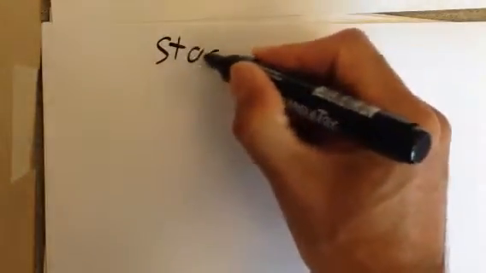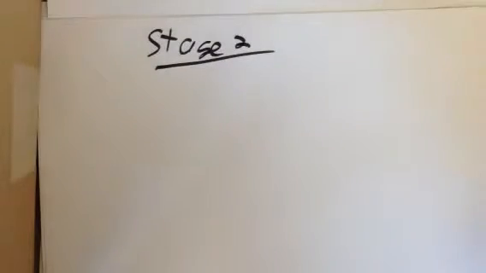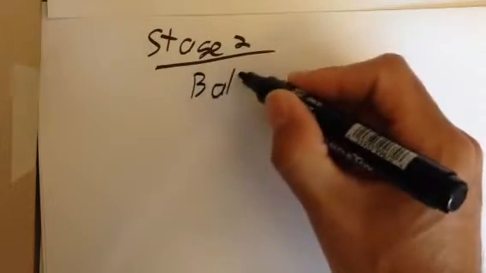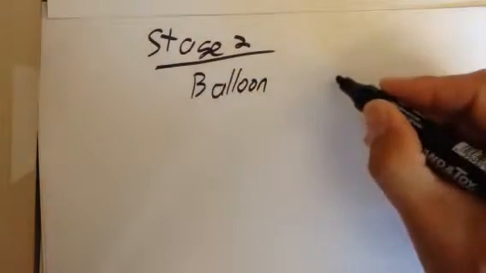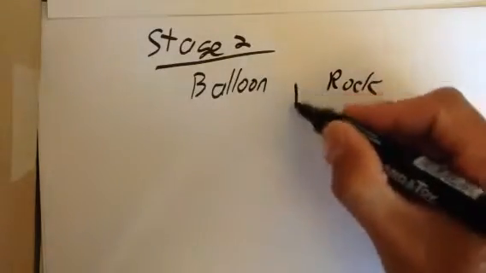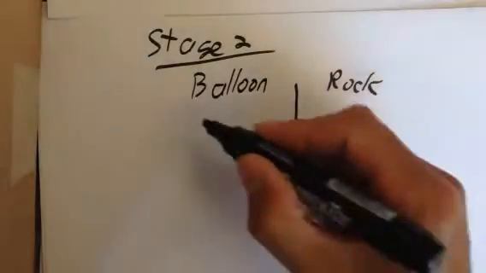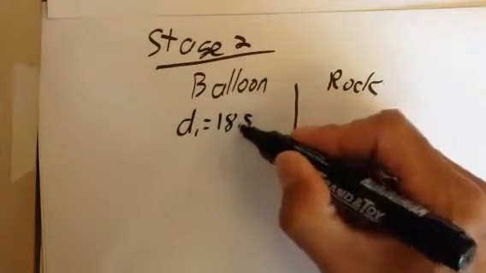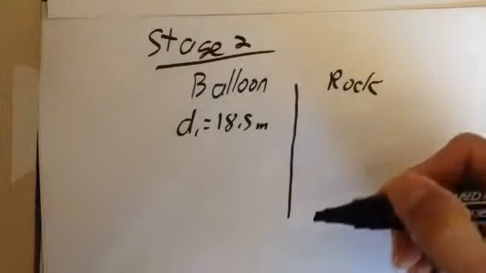We're now on to stage 2. So stage 2 starts at the end of the first 5-second period. So in stage 2 we have a balloon and we have a rock. The balloon has an initial position of 18.5 meters. We determined that in stage 1.